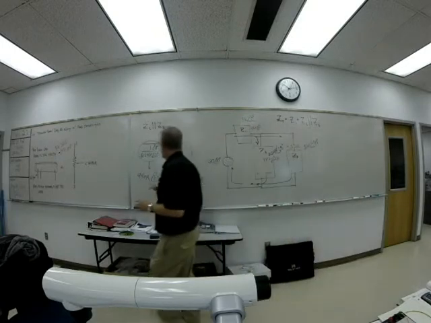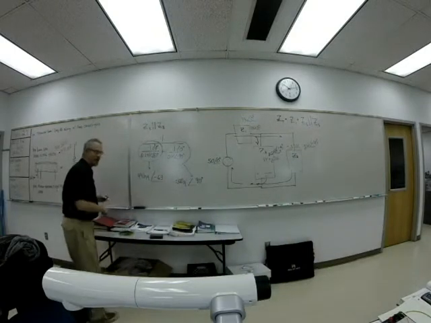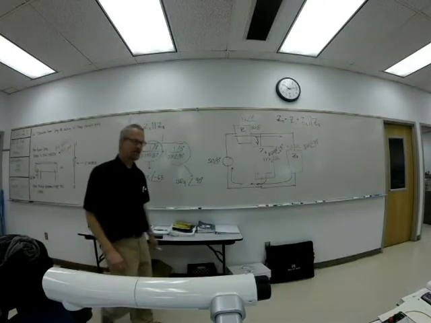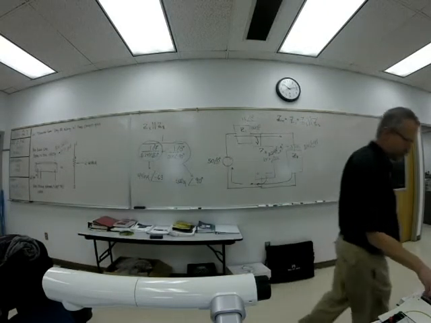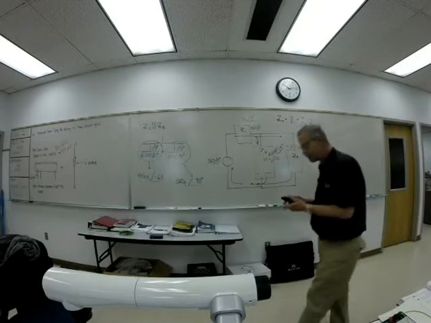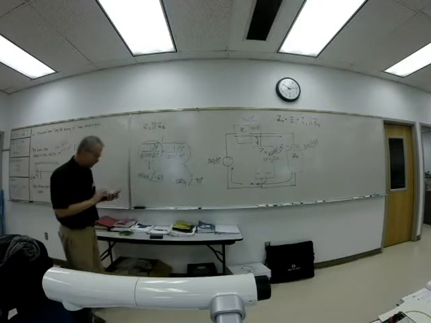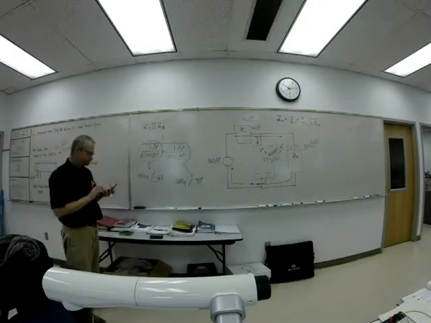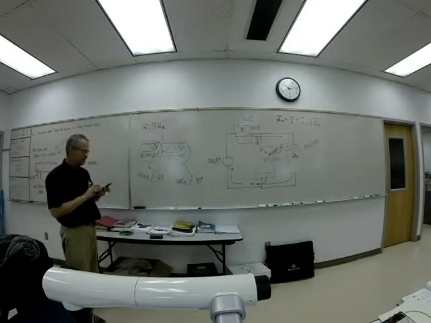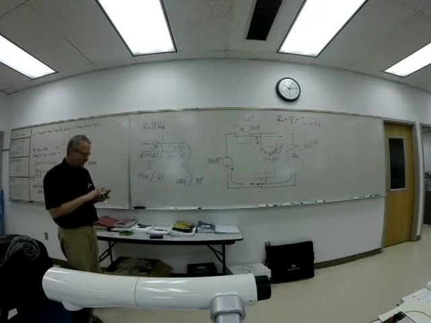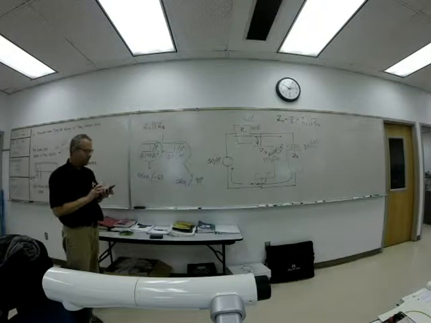Okay, so we need now to convert this to rectangular. 446 micro at an angle of minus 63. .000446, second function x to the minus y, and we have minus 63 degrees.